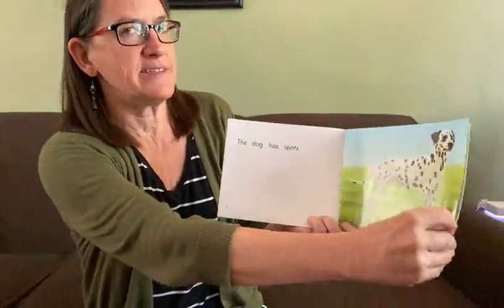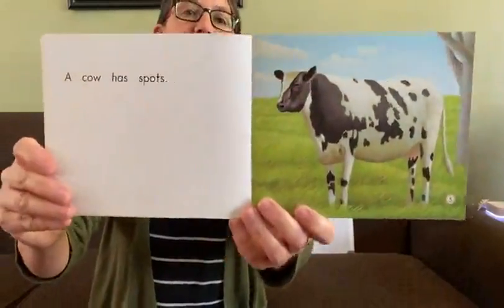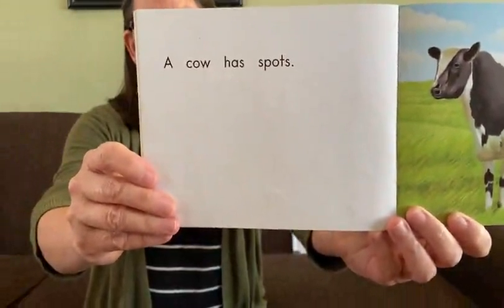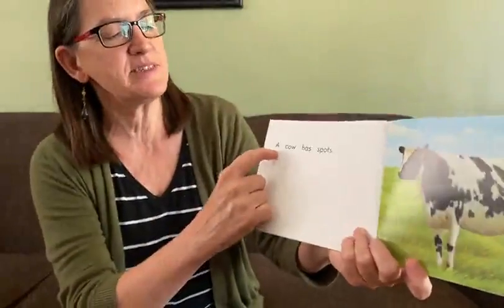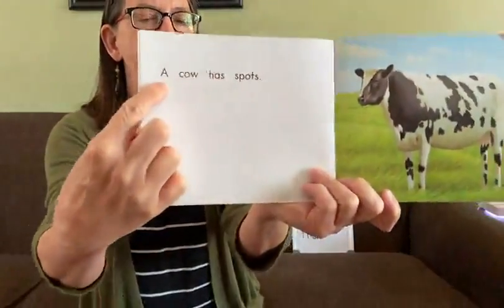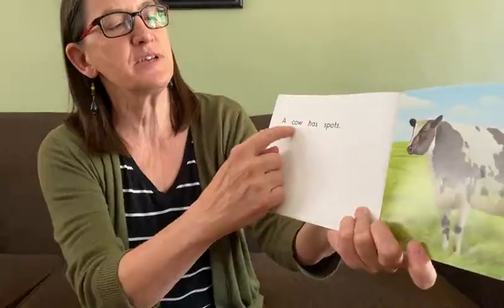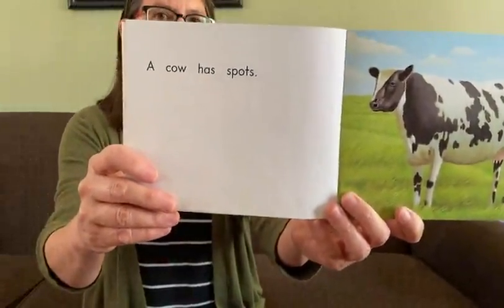The dog has spots. A cow has spots. I hope you noticed this time they use the word a instead of the. Read every little word. And here's the word cow. That's the one that has that ow part in it. Ow.